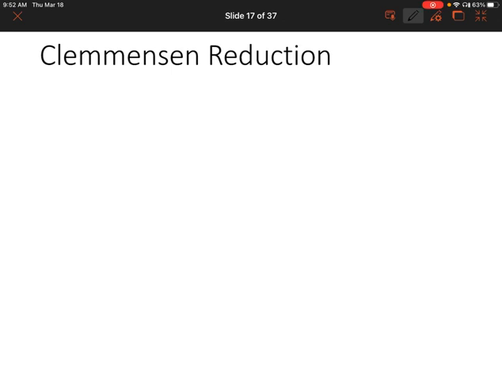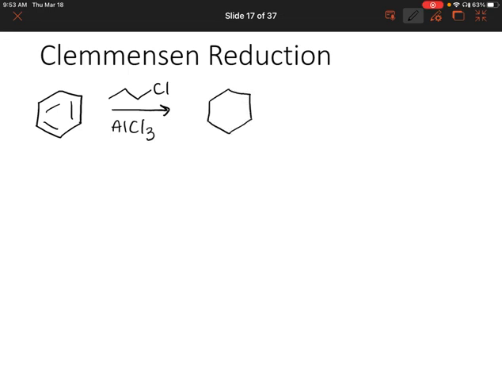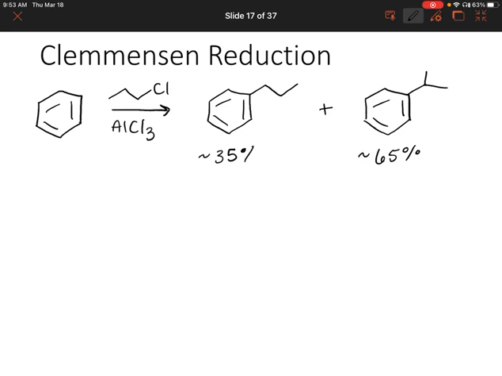So, like we saw earlier with our practice problem, if you have a propyl group in your alkyl halide that you're trying to add to the benzene ring, we saw that you actually end up with a mixture of products. So we form about 65% of the product with the isopropyl group, and then we form about 35% of the product with the propyl group.